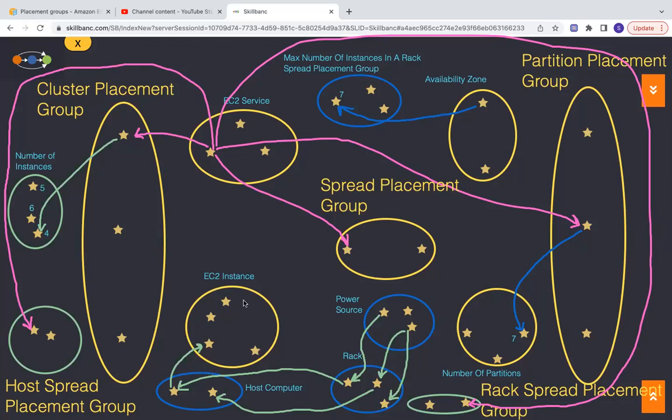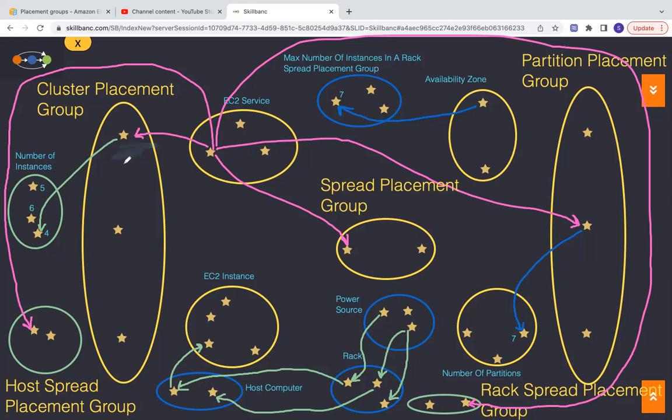Because if one instance fails for whatever reason, then you have an opportunity to run your application on a different instance. So let's say you want 4 instances in this cluster placement group.